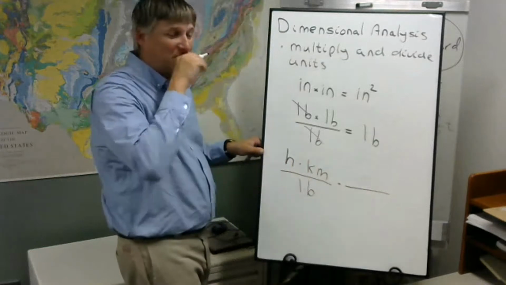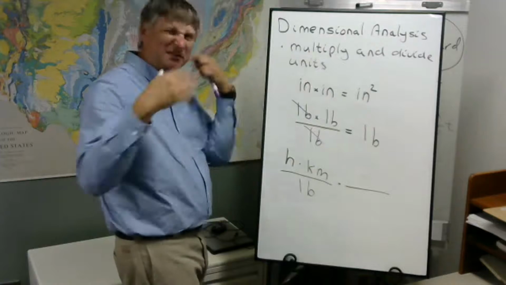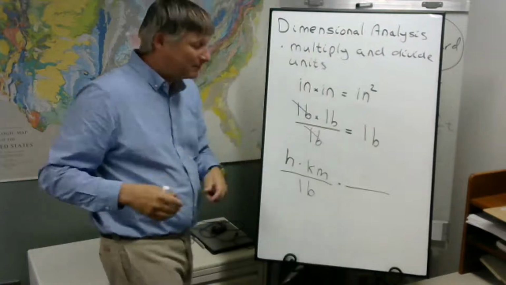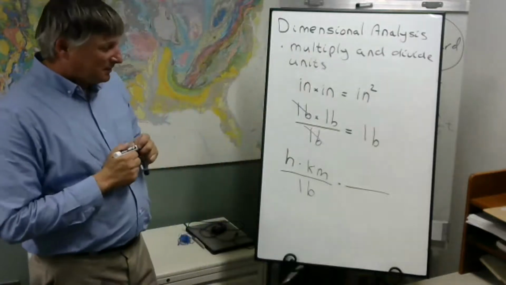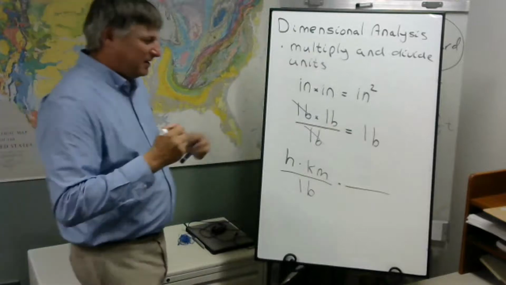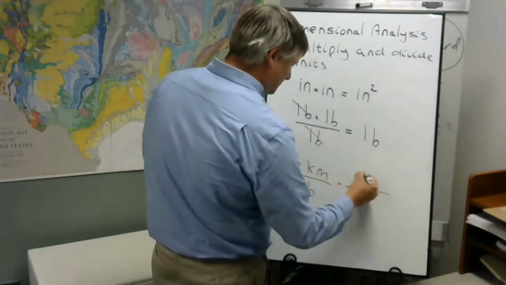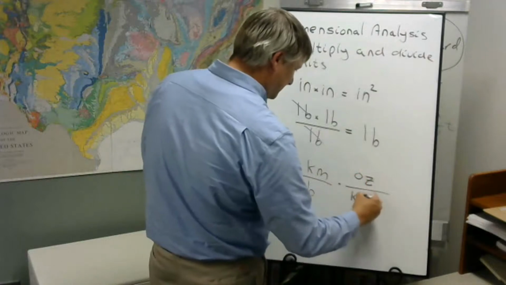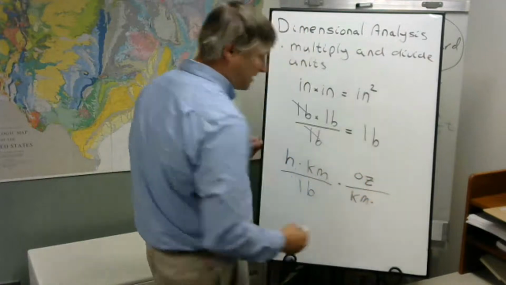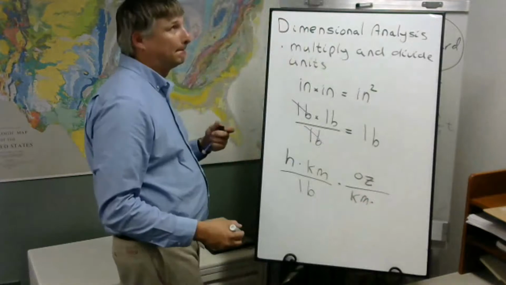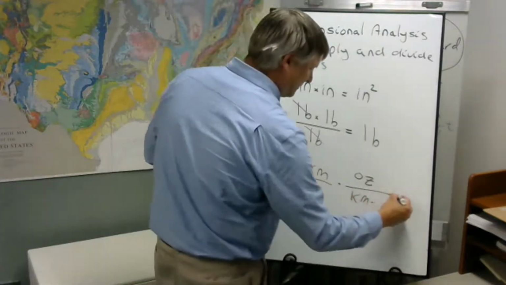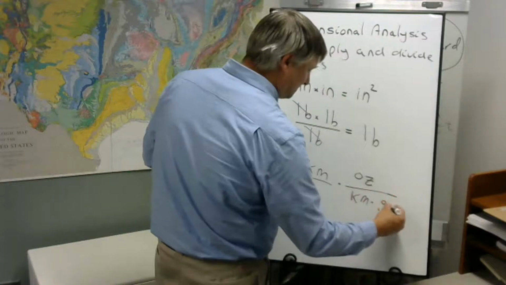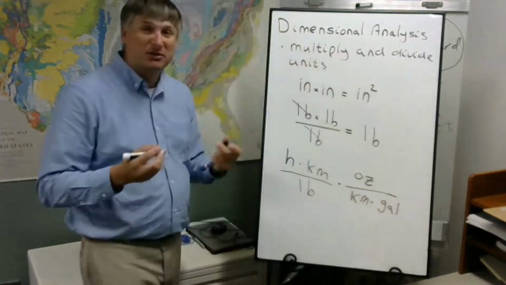Pardon me, it's morning, I'm trying to think, I guess the brain's still warming up. So let's say we're going to multiply by, okay, we'll go with ounces. And then we have kilometers times gallons. So just a bunch of units.